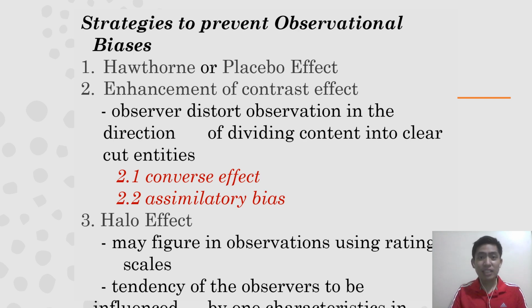We have enhanced contrast effect. Observer distorts observation in the direction of dividing content into clear-cut entities. Contrast effect and assimilatory bias. So we have the halo effect, a figure in observation using rating scales, the tendency of the observers to be influenced by other characteristics.